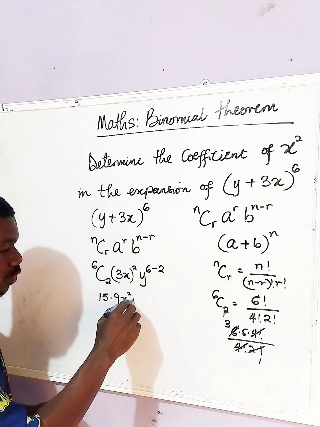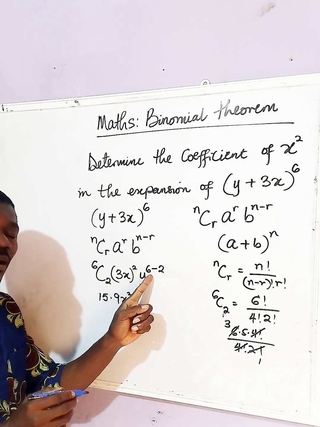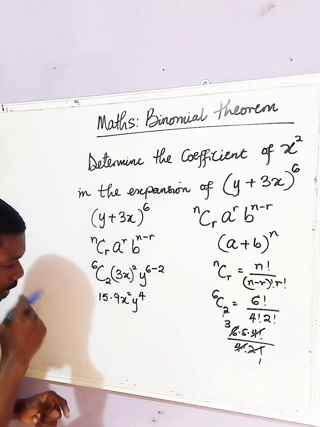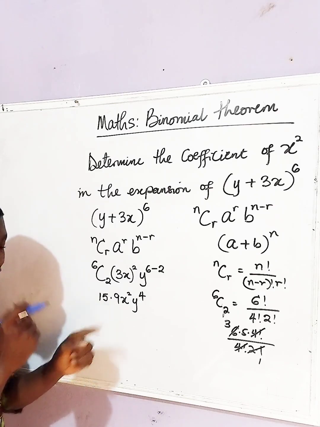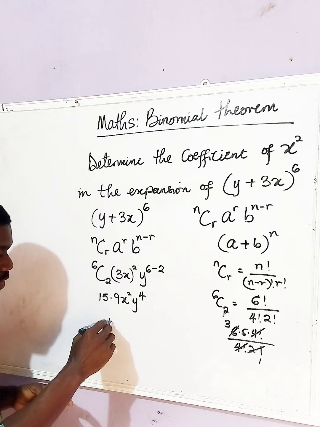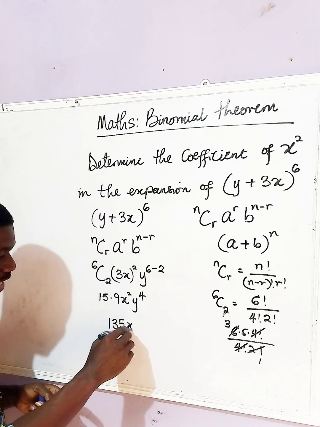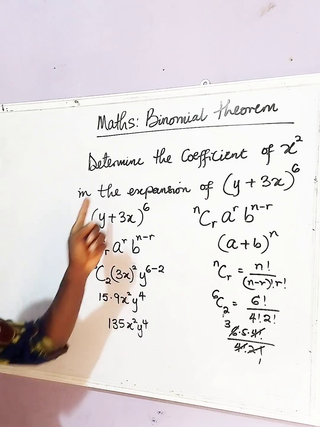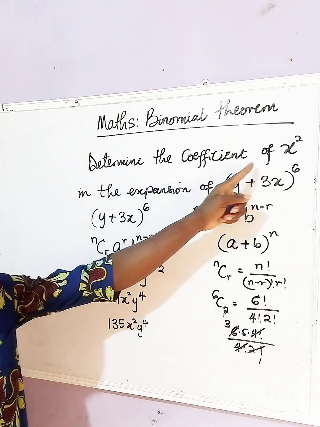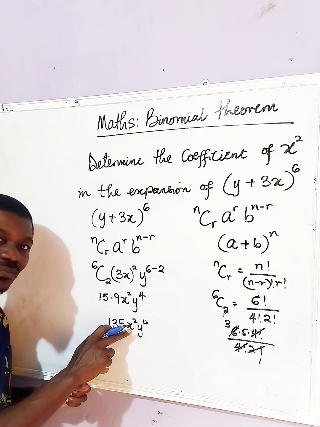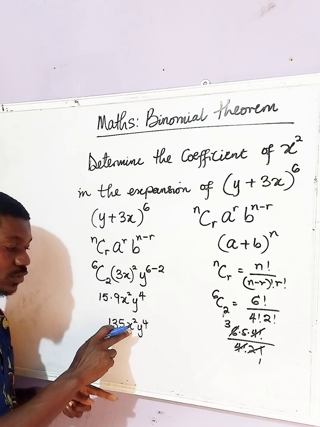So we are now with y, then 6 minus 2 will give us 4. So 15 times 9 should give us 135, then x squared, y raised to the power of 4. Now we are told to determine the coefficient, so the coefficient are those terms except x raised to the power of 2.